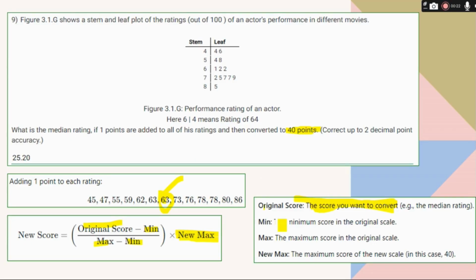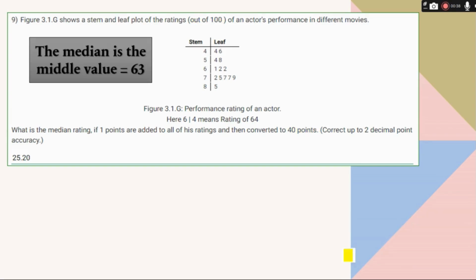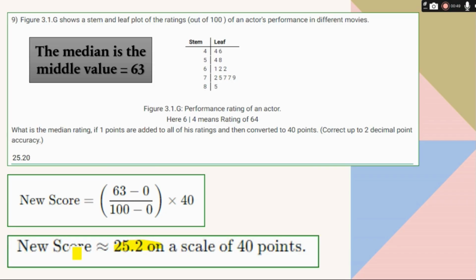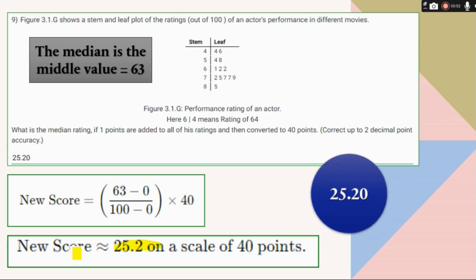The minimum is the minimum score in the original scale and the maximum is the maximum score, which will be 100 because it is out of 100. The new maximum is the scale given in the question, that is 40. We put it in the formula and get our new score as 25.2.